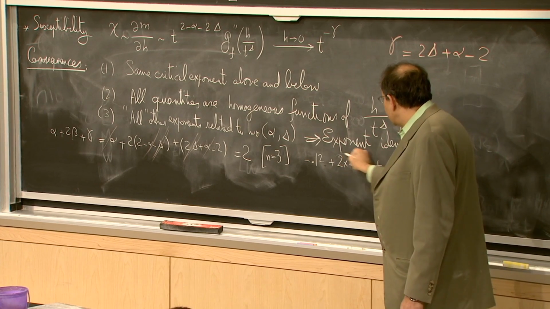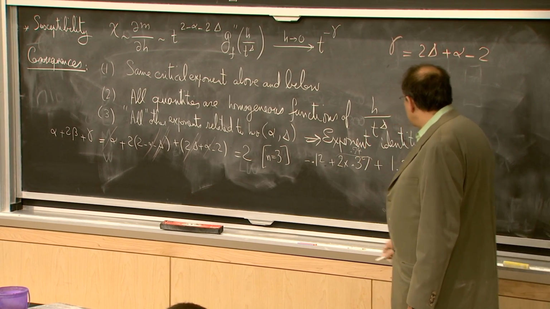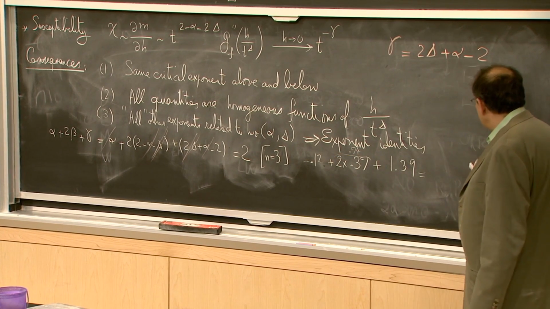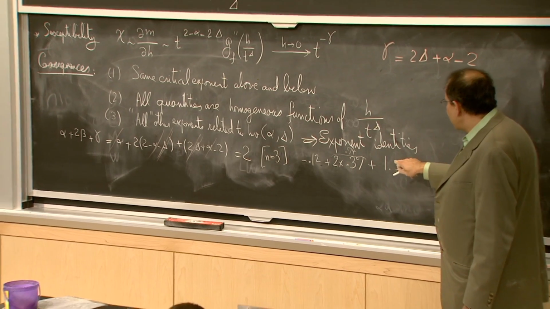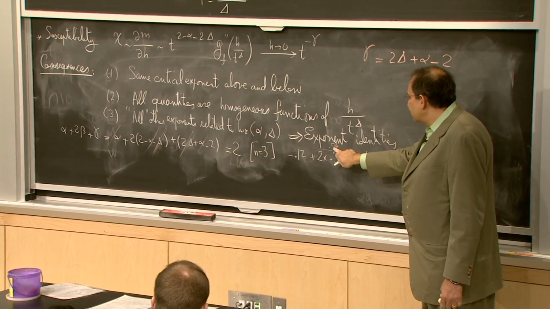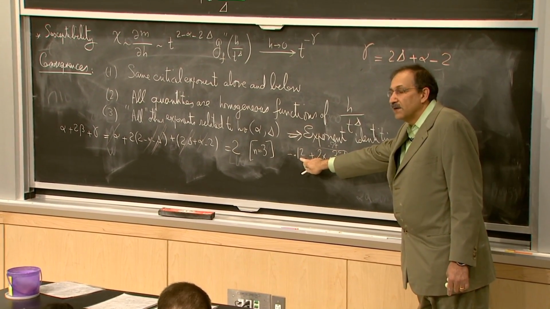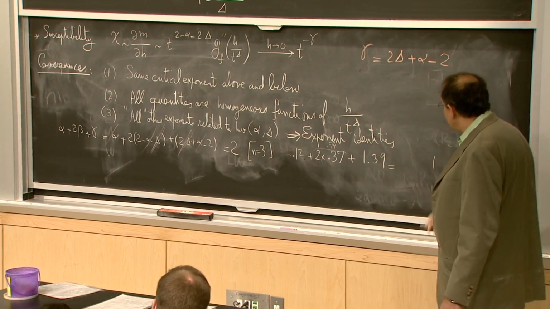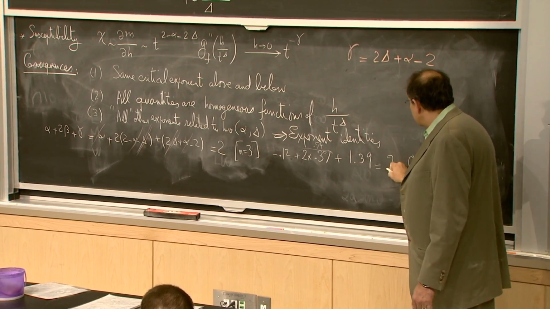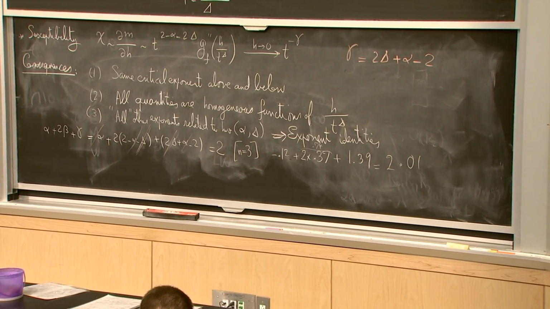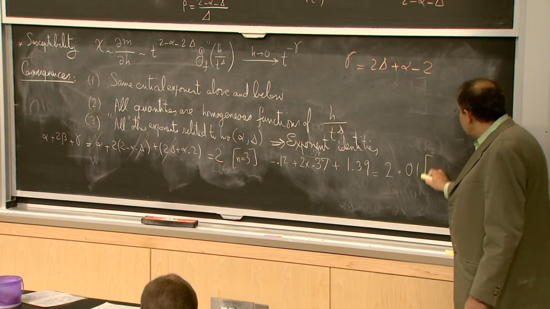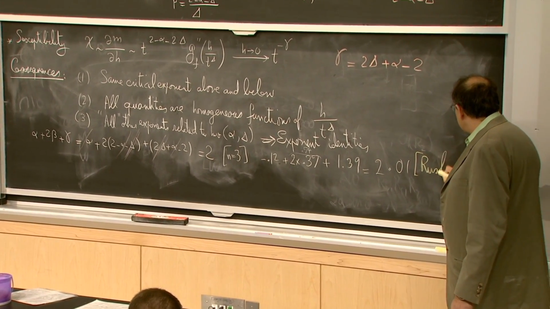So I have 9 plus 4, 13 minus 2, which is 1. I have 3 plus 7, which is 10, minus 1, which is 9, but then I had a 1 that was carried over, so I will have 0. So then I have 1, so 2.01. Not bad. Okay?